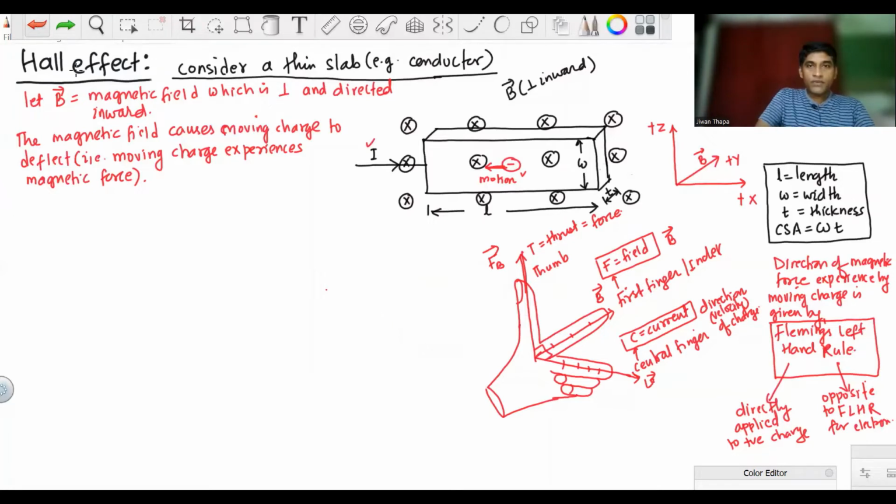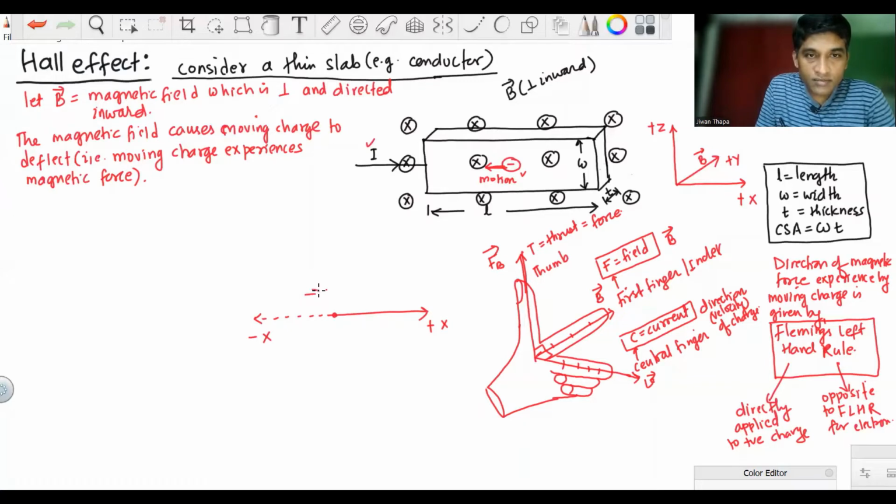Now, if you see graphically, we have positive x along this direction. So we have negative x, and electron is moving along this direction.